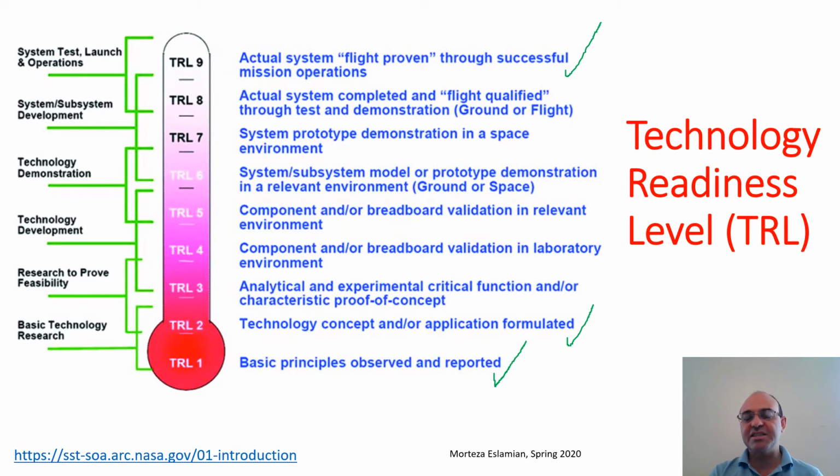For instance, that system has already been used in one or more satellites or spacecraft. So that's the best level, TRL 9, which is flight proven. In between, we do have different levels of TRL, and the higher the level, the better, because it's more reliable and it's been tested.